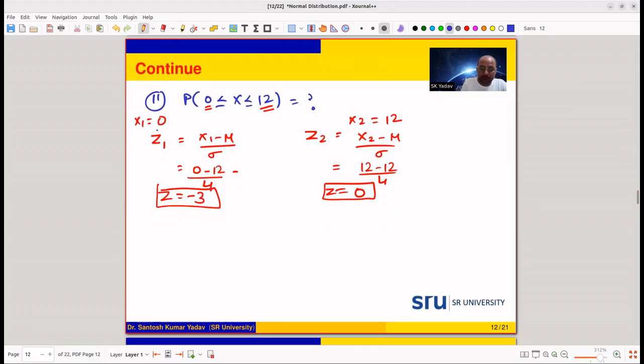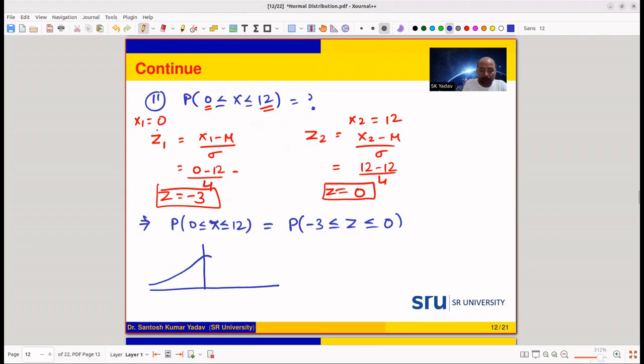So z goes from minus 3 up to 0. This implies the problem of finding 0 less or equal to x less or equal to 12 is now changed to finding the probability from z equal to minus 3 up to z equal to 0. Now we have to make the normal curve. Here is the rough normal curve, and here is z equal to 0.